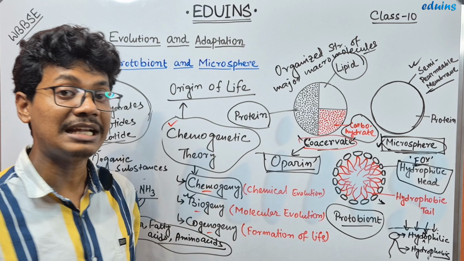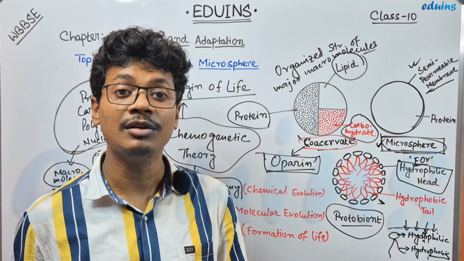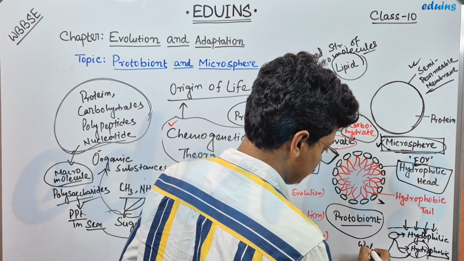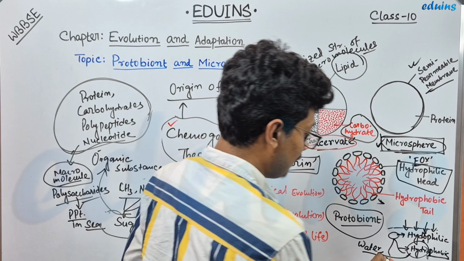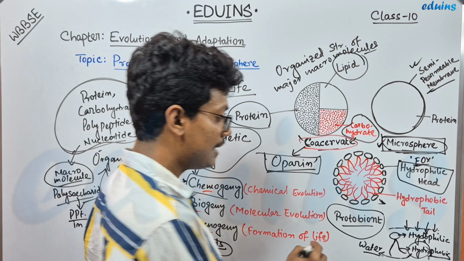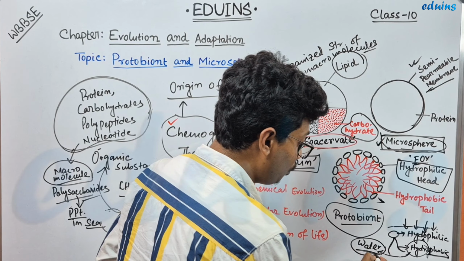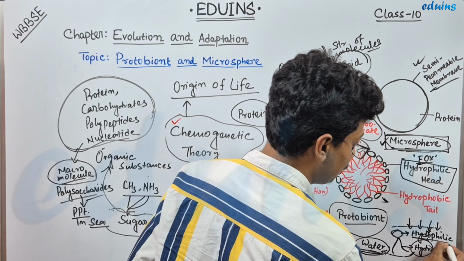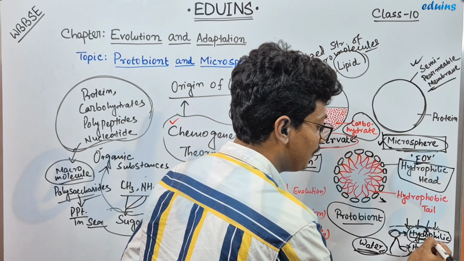What is hydrophilic and what is hydrophobic? Phobic is derived from the word phobia. Hydro means water, and phobic means phobia. So the tail of this molecule is hydrophobic, or does not love water, but the head is hydrophilic. Philic means loving, the water-loving part.